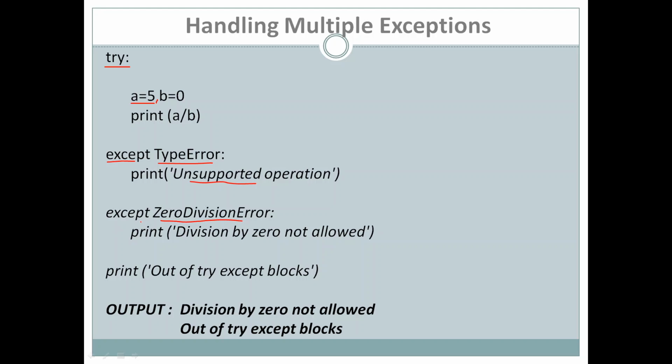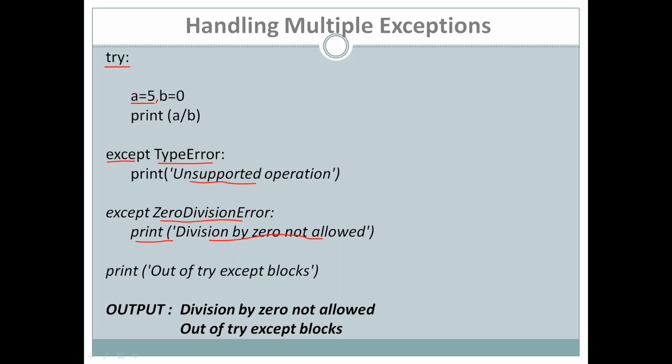And then again we have a separate block of code for both the except statements. If zero division error occurs, this block of code is executed, and it will print division by 0 not allowed.